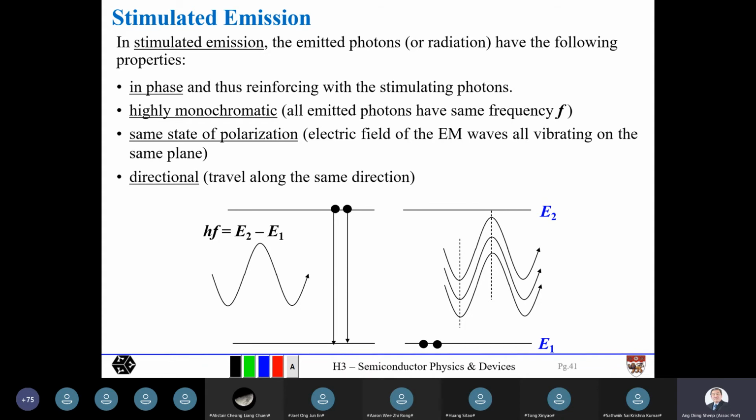But for population inversion, through external excitation, we can create a situation where we have many electrons at higher energy level than at lower energy level. Now, coupled with the presence of photons of that specific energy, I can stimulate the emission of many photons. So that is one way of producing light of very high intensity, population inversion. And that can be achieved in a PN junction, which I will show you next time. So be a bit more patient.